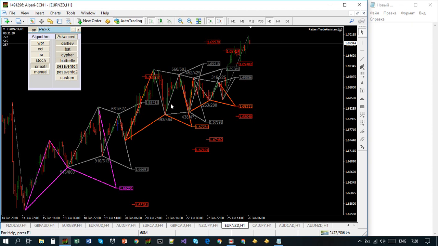So the pattern is something that tells you that a reversal might happen. If the reversal does not happen, then the pattern is the same indication of the opposite, of continuation, for example, something that will continue the movement.